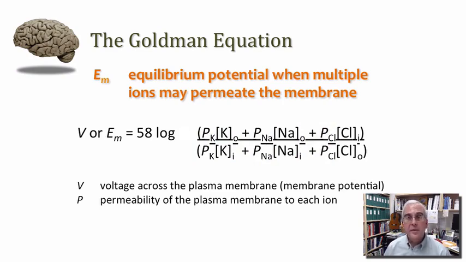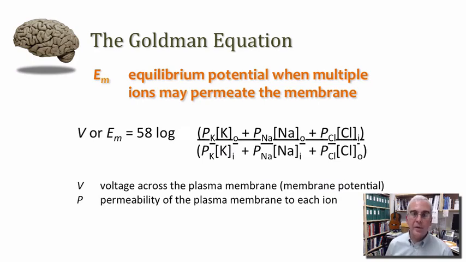In order to keep the math as simple as possible, we simply flip the ratio for chloride, knowing that chloride is an ion with a valence of -1, whereas potassium and sodium are monovalent cations with a valence of +1. So to keep the logarithmic functions aligned, we flip the ratio for chloride ions to inside over outside.